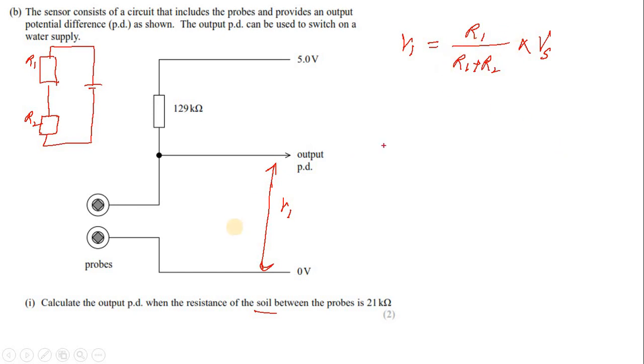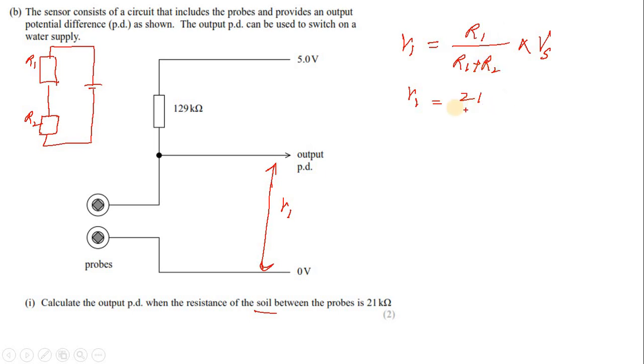And you can apply this approach in this first part of the circuit. So V1, which is the voltage across probe, is equal to R1, the resistance of the soil here, and this resistance is given as 21. I'm not writing kilo, because kilo from numerator and kilo from denominator will be cancelled.